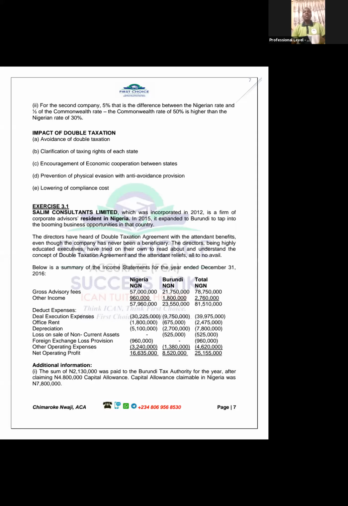If you have been taught group accounting, there will be a foreign branch. You have to translate the foreign currency statement into a Nigerian statement, if it's a Nigerian company. So Burundi would have done that, and everything they are giving you here is the Nigerian equivalent.